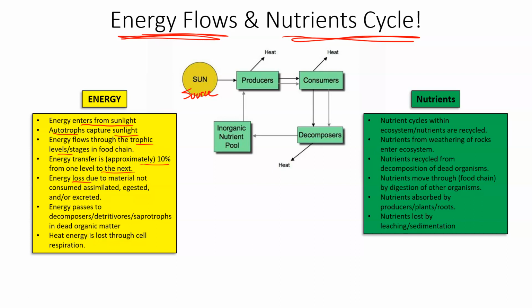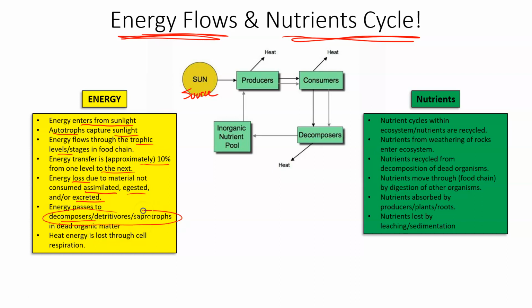Energy loss at each level is due to materials not being assimilated into the cell, basically not being absorbed, or being egested or excreted through feces. Energy passes ultimately to decomposers, detritivores, and saprotrophs.